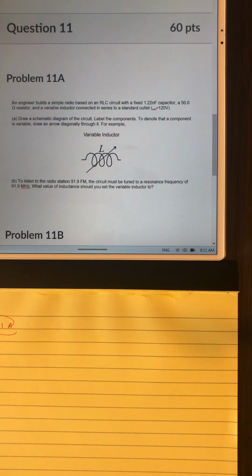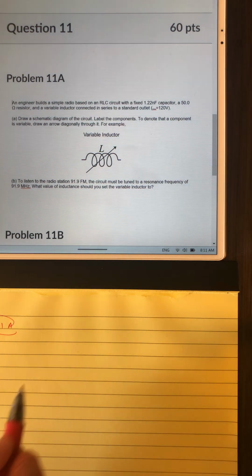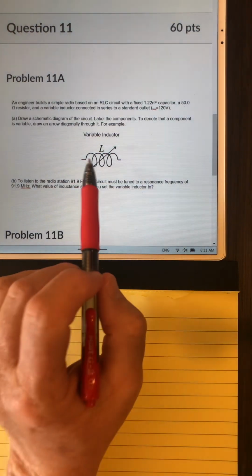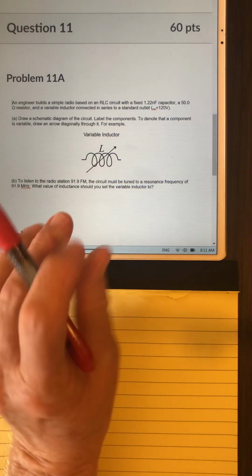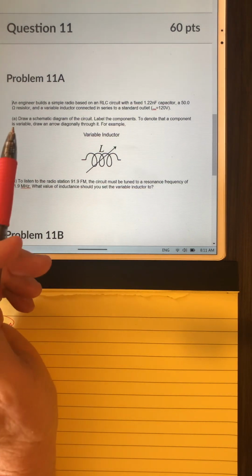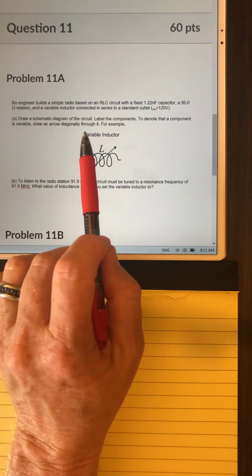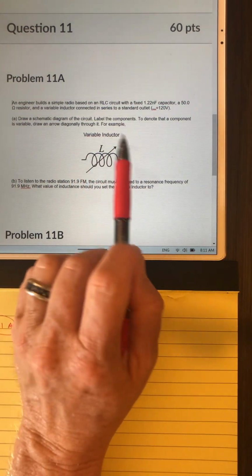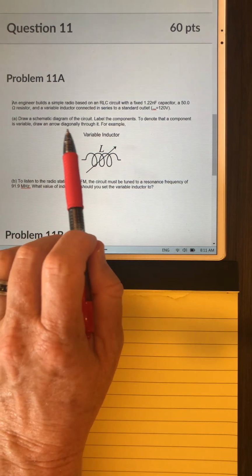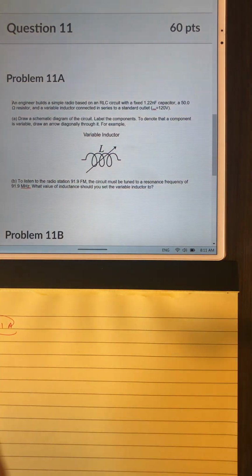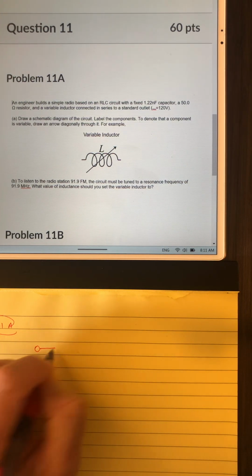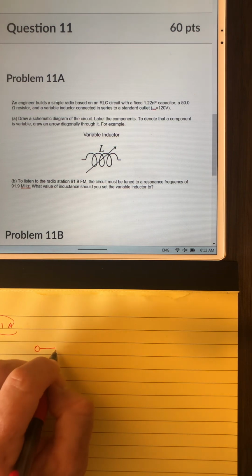So our standard power supply, standard circuit diagram, and then it's going to have this variable, which then we can tune to make it the accepting or the resonant frequency. And so the first part is supposed to be the easy part. The main part is really coming in B, but it just says draw a schematic diagram showing this circuit and label the components. And so what we would have is our three objects in series.